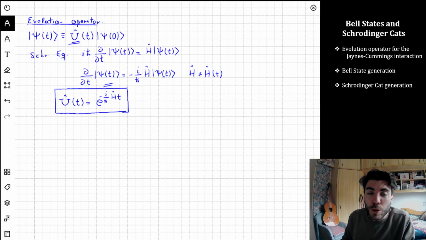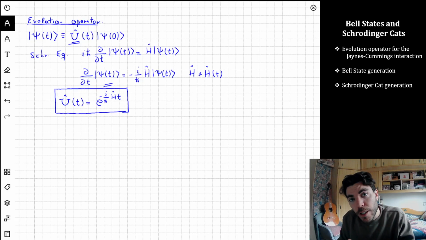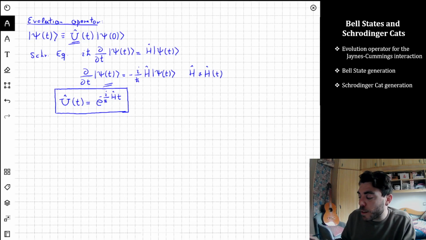So the wave function in the Heisenberg picture doesn't evolve in time, it's a constant. But you can compute operators in the Heisenberg and the interaction picture from operators in the Schrodinger picture and vice versa via this evolution operator. But this is just a comment. We will probably see it in some other video, but it's basic quantum mechanics. It's not rocket science.